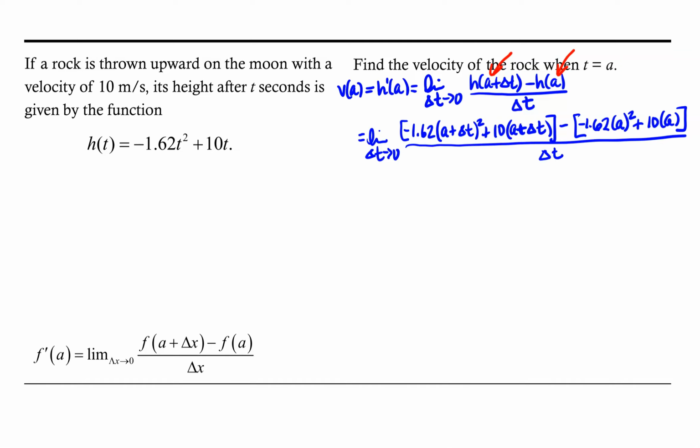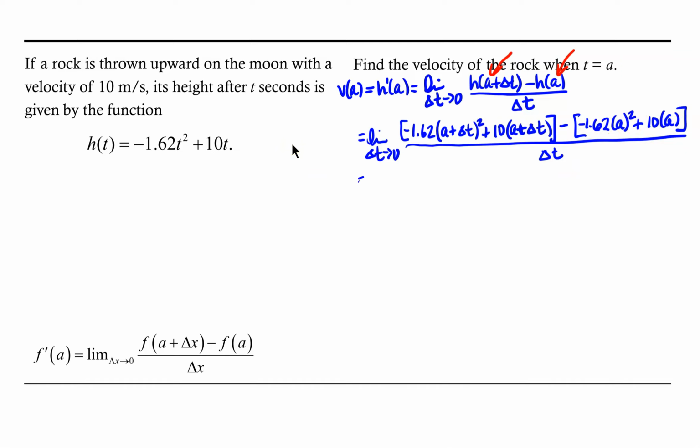So now we need to do some algebra in the numerator, and we'll start by using the distributive property in h of A plus delta t, and just multiplying out h of A.